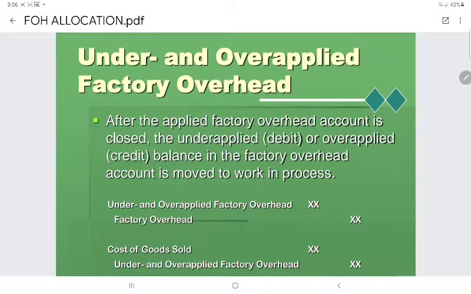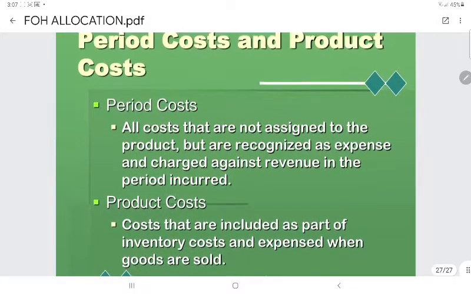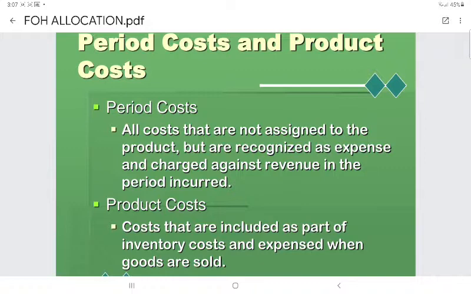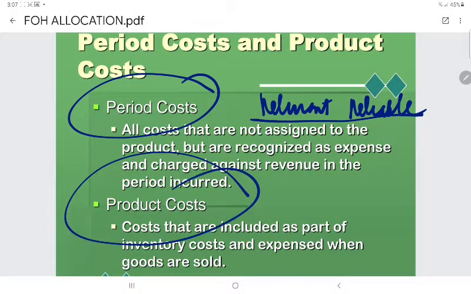Okay? Now, the reason we're all doing this is because we need to be able to reflect a cost that is relevant na, reliable pa. Okay? So, in our FS, ito yan, period, tsaka product cost. At yung behavior, whether it is period or product cost, affected yan.